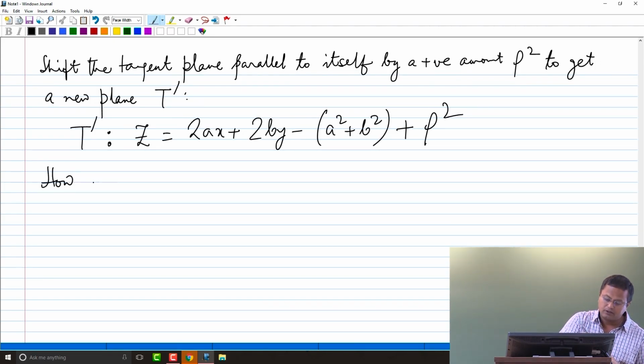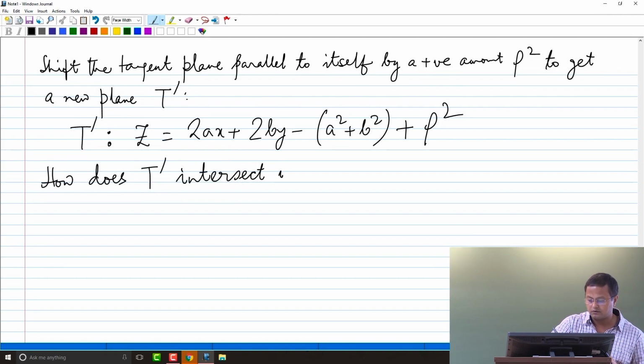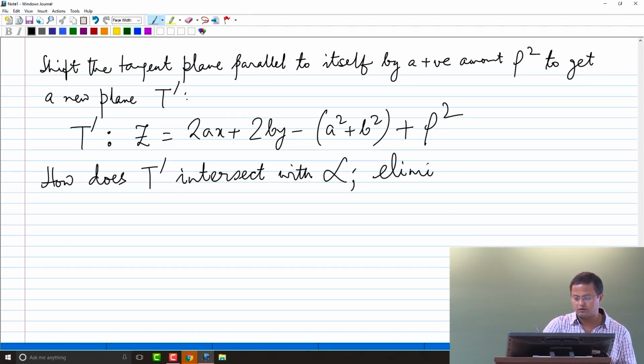Now, let us look at the intersection of this with my paraboloid. To do that, I just eliminate z.